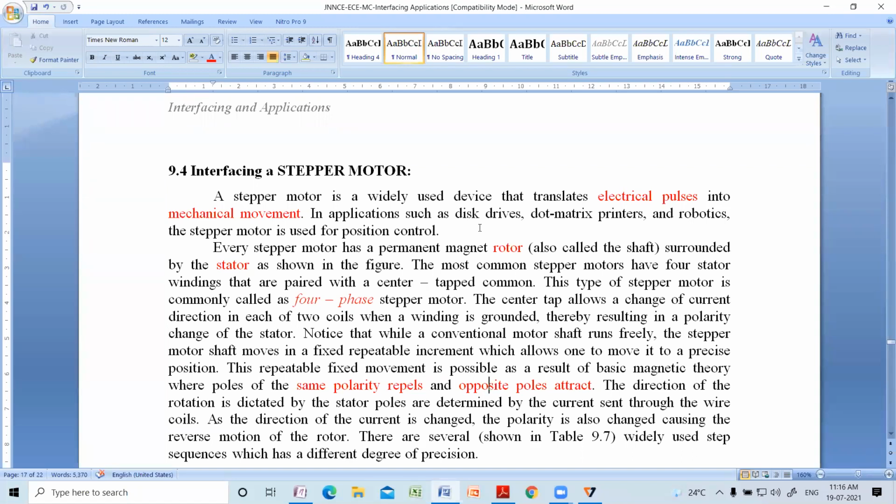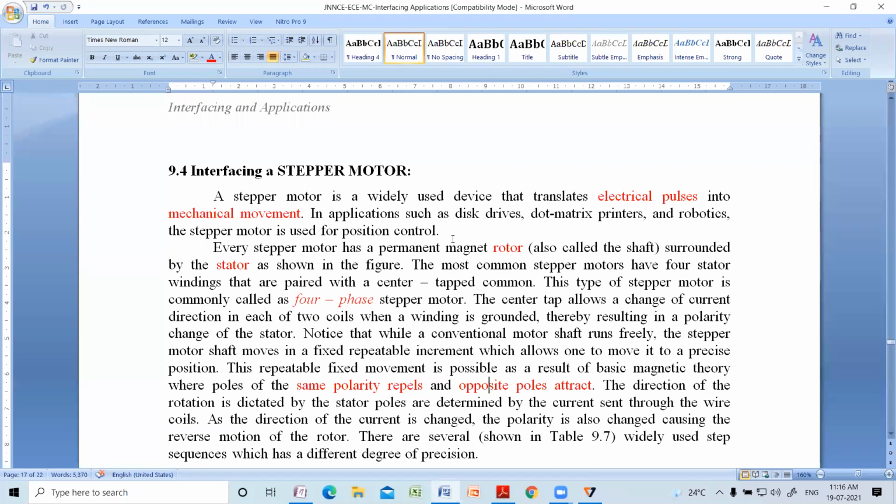This is possible as a result of basic magnetic theory, where poles of the same polarity repel and opposite polarity attract. The direction of rotation is dictated by the stator poles, determined by the current sent through the wire coils. As the direction of current is changed, the polarity also changes, causing reverse motion of the rotor.